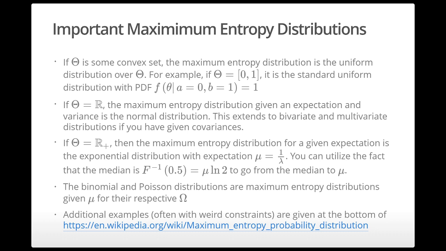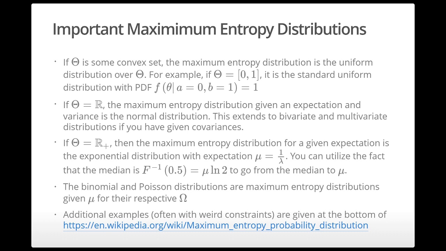A lot of these I think are not so useful, but 3 that are. If your parameter space is some convex set, then the maximum entropy distribution is always going to be uniform on that convex set. In particular, if you have the real line, whatever, it'd be standard uniform or whatever uniform.